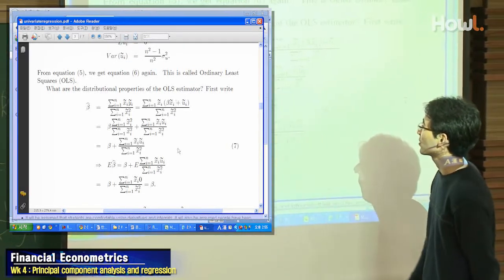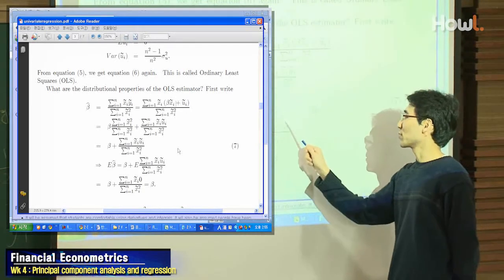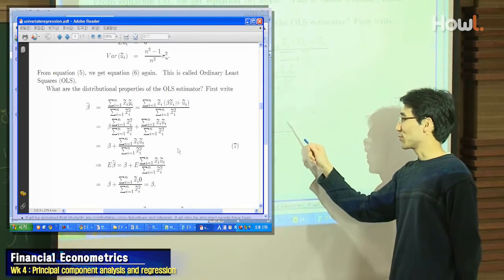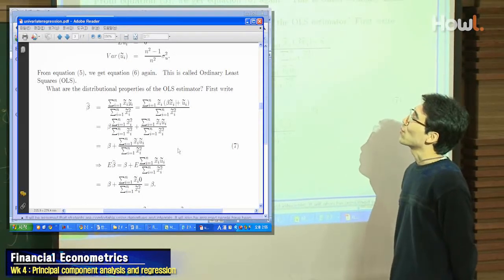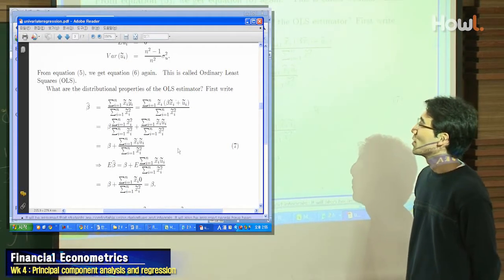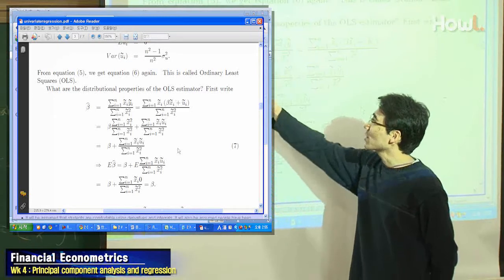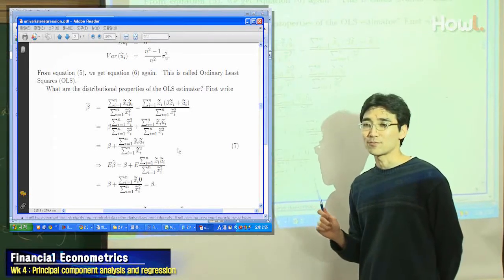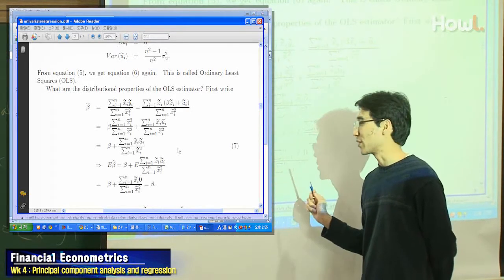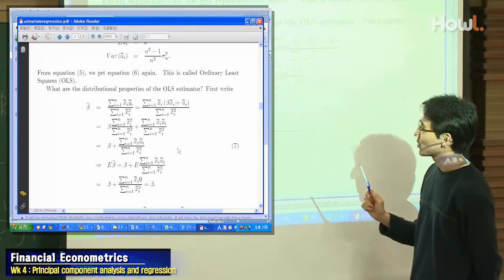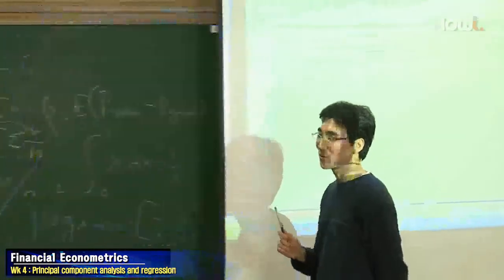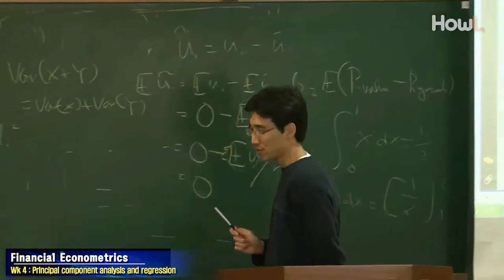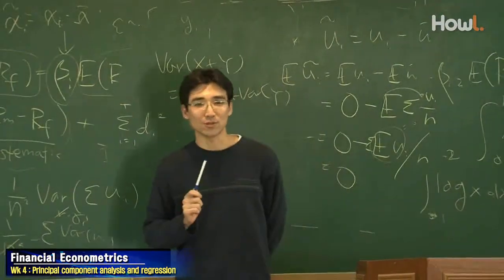Then we have this part, where we can put the expectation inside. So this is 0. This means that our OLS estimate satisfies: the expectation of beta hat is the true beta, which is what we want to get. So our estimate beta hat is an unbiased estimator of the true parameter beta.